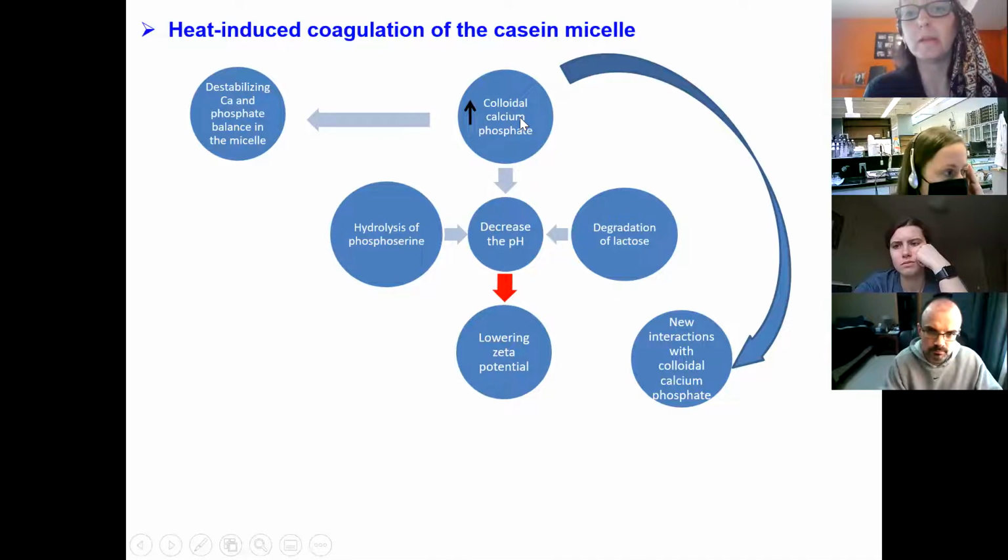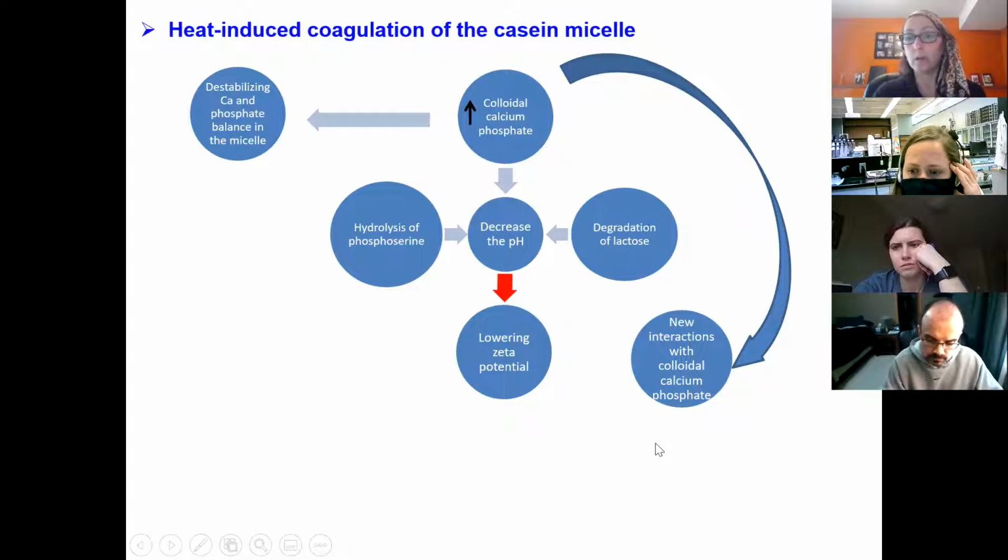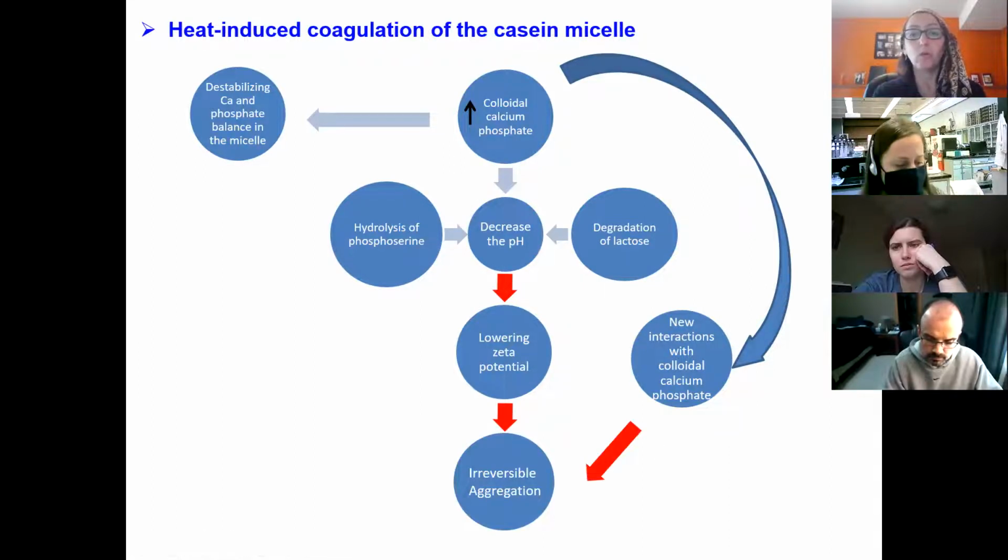And what happens is your colloidal calcium phosphates are now mostly on the outside of the casein micelle. Instead of the calcium being in the micelle, it's leaching out and forming colloidal calcium phosphate. They're going to be involved in interactions between micelles rather than within the micelle itself. So we get aggregation, via hydrophobic interaction and via calcium phosphate bridges.